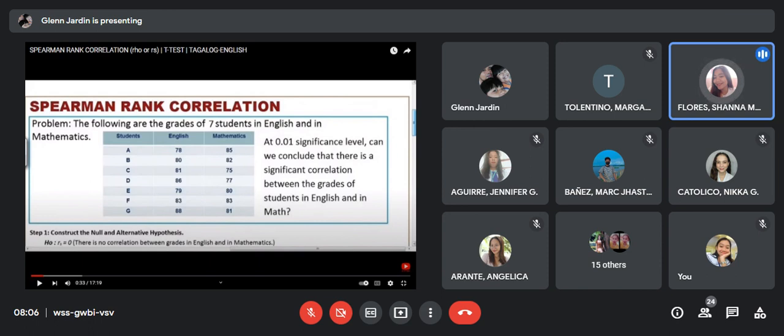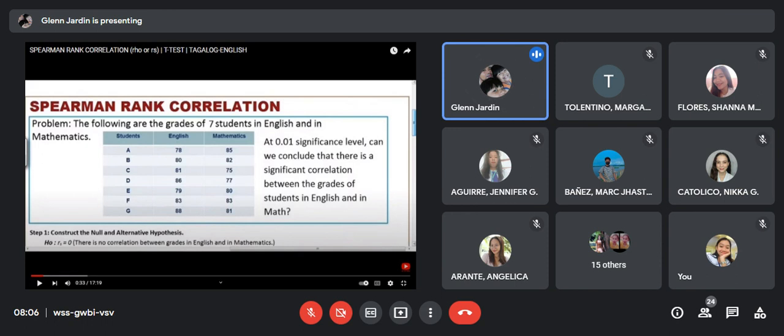Student C, English 81, mathematics 75. Student D, English 86, mathematics 77. Student E, English 79, mathematics 80. Student F, English 83, mathematics 83. Student G, English 88, mathematics 81. At 0.01 significance level, can we conclude that there is a significant correlation between the grades of students in English and in math? Okay, thank you, Flores.